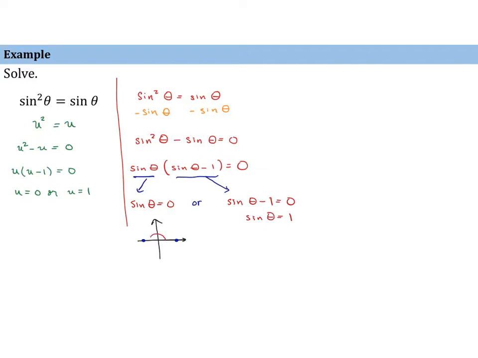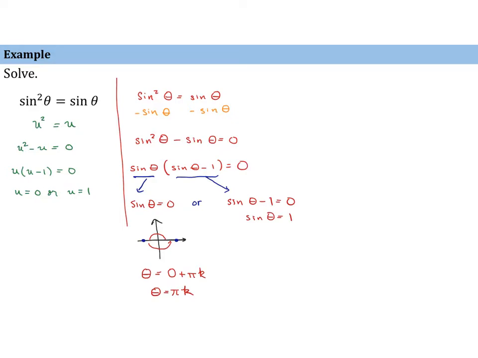So if we look at what separates our angles, we can go around every pi units and obtain a sine of theta that is equal to 0. So this would mean that theta would equal 0 plus pi k, or simply theta equals pi k.